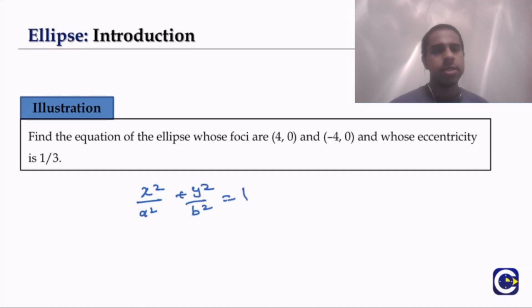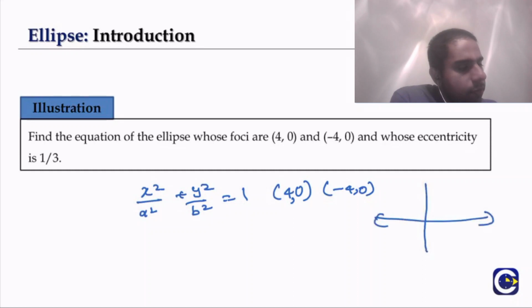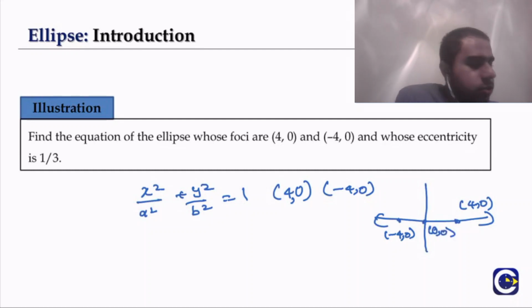Here the foci are given as (4, 0) and (-4, 0). This means they are equidistant from the center. The focus is always equidistant from the center, and from the given points you can see they are equidistant from the origin. So that makes the center our origin, 0 comma 0.